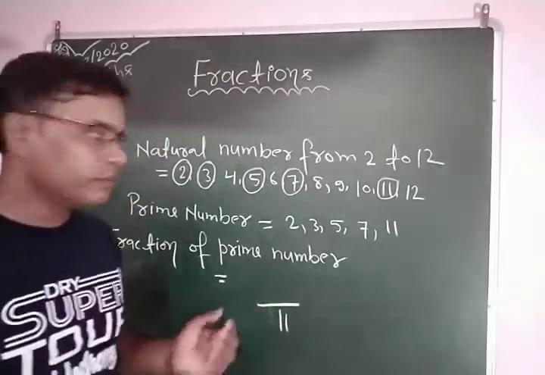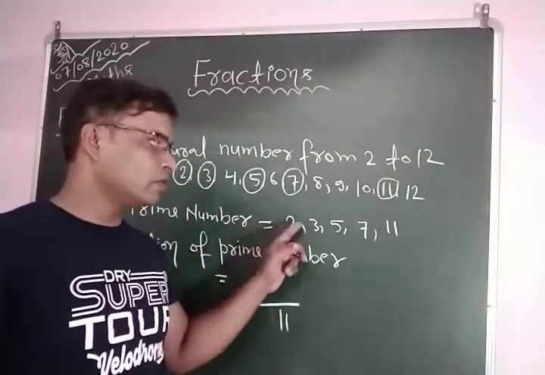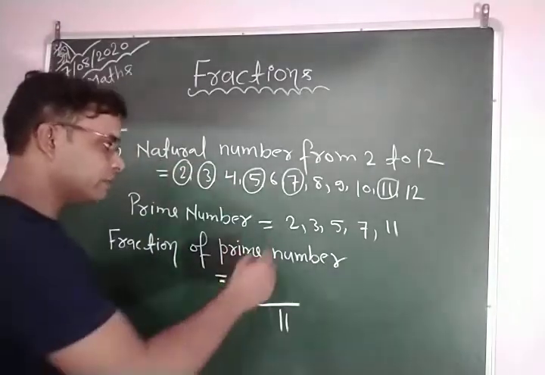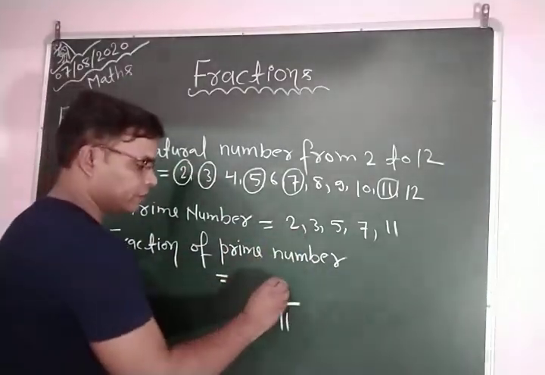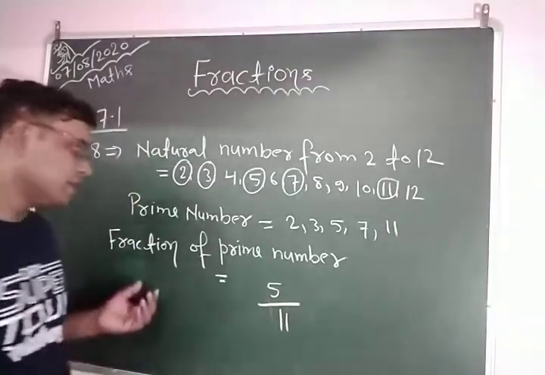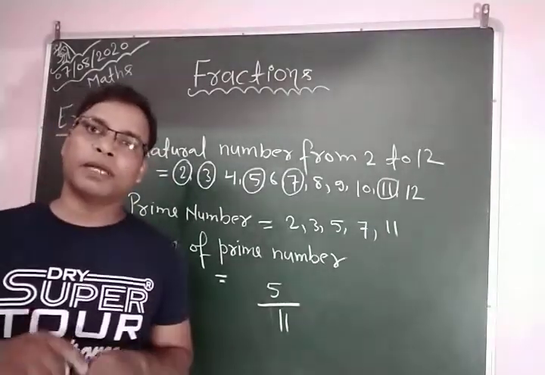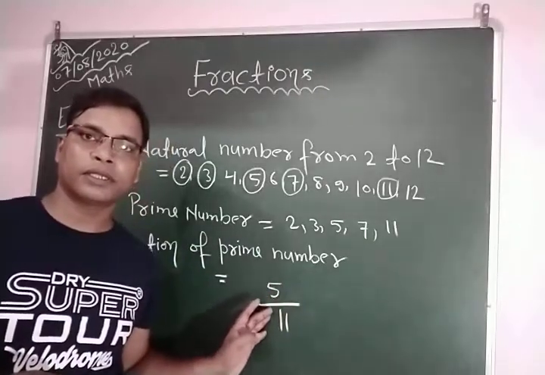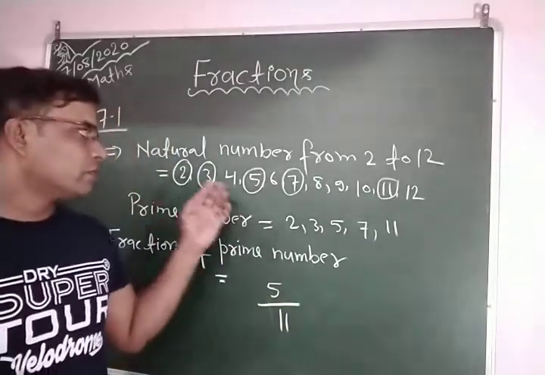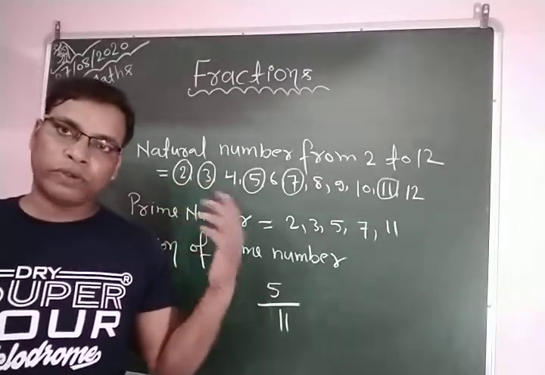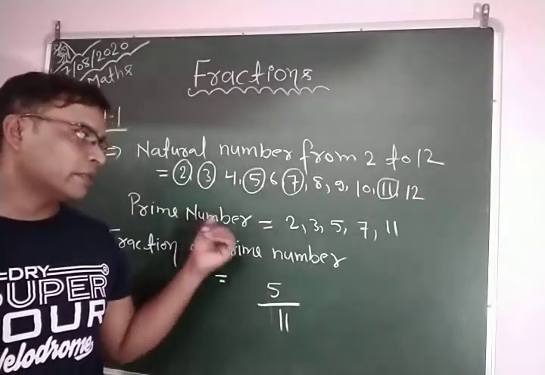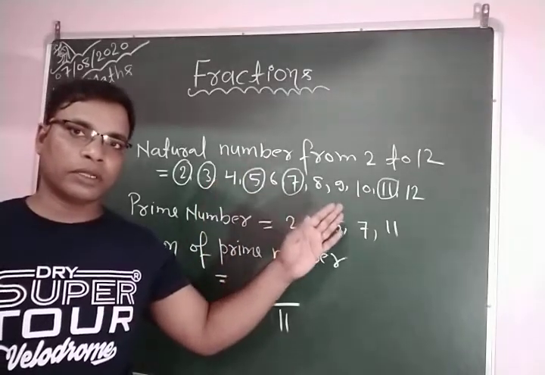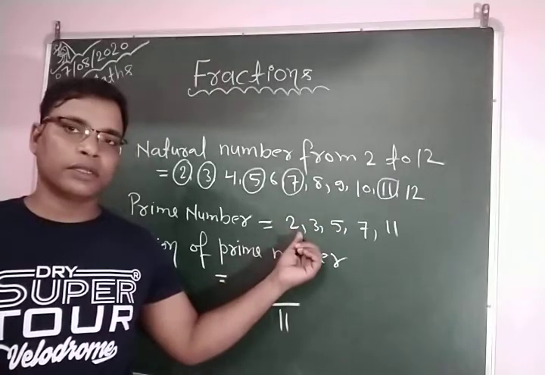And how many numbers among them are prime numbers? 1, 2, 3, 4, 5. How many numbers are prime? 5. So you can see the fraction of prime numbers from 2 to 12 is 5 by 11, because the total natural numbers from 2 to 12 is 11 and the number of prime numbers between them is only 5.